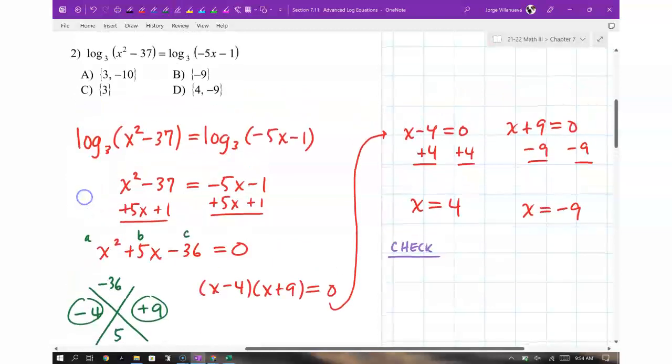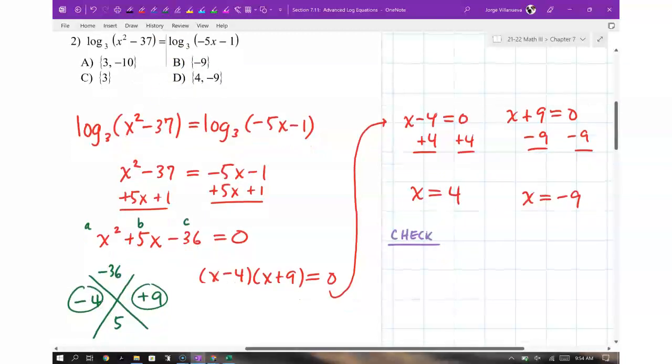Because notice, here's our solution right here, but then B is saying, what if 4 is not allowed? Right? So which one is it, B or D? So let's try plugging in a 4 into my equation. So x squared minus 37 right here. Okay, you see this right here and right here? I'm going to plug them into those.